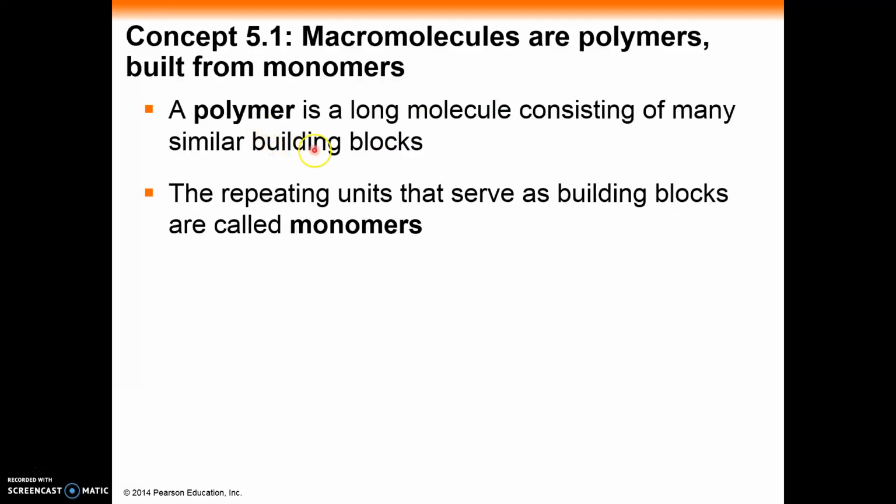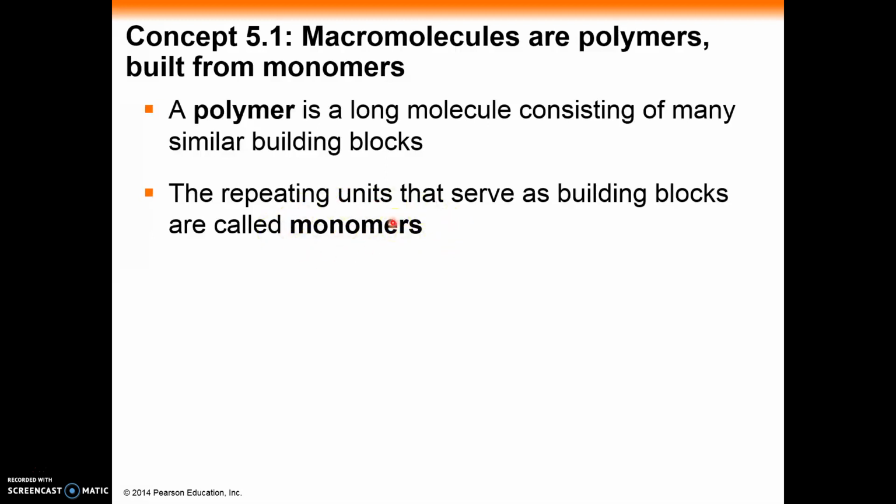Plastics are polymers that have smaller units that build this larger plastic structure. Glues are oftentimes polymers, so this is not a unique concept to biology. And when we break these polymers into their individual units, we refer to those repeating units as monomers.